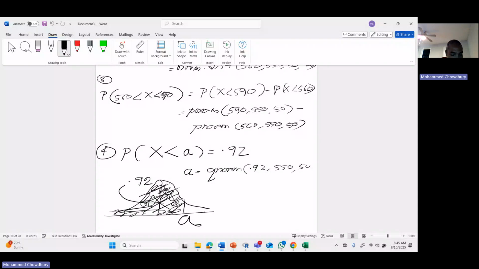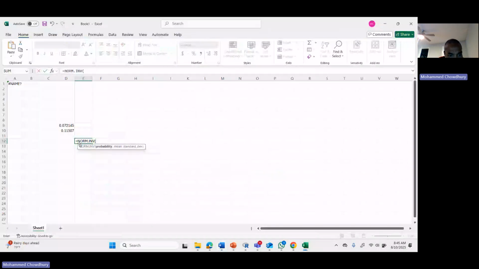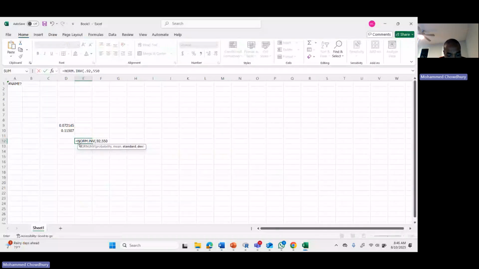In Excel, you have to use norm.inv, and then you put the probability 0.92, the mean equal to 550, and the standard deviation equal to 50, and you hit enter.